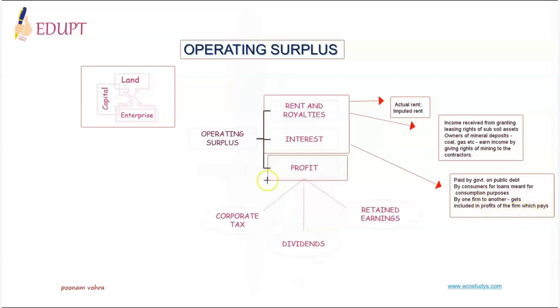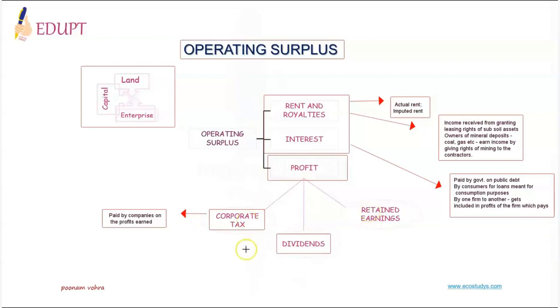So far as income from entrepreneurship is concerned, it comprises of profit which has 3 components. 1. Corporate tax, that is tax paid by the companies on the profits earned. Then is dividends to be given to the shareholders.